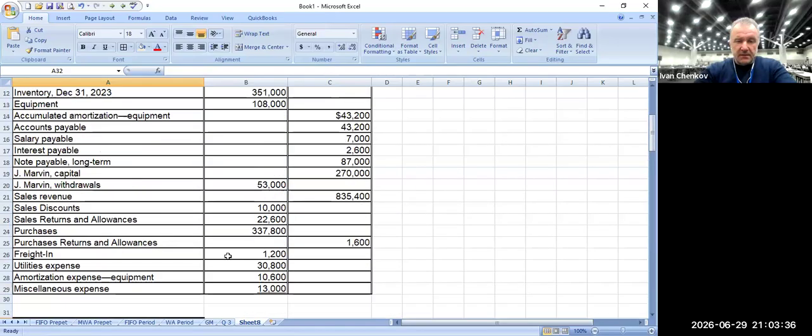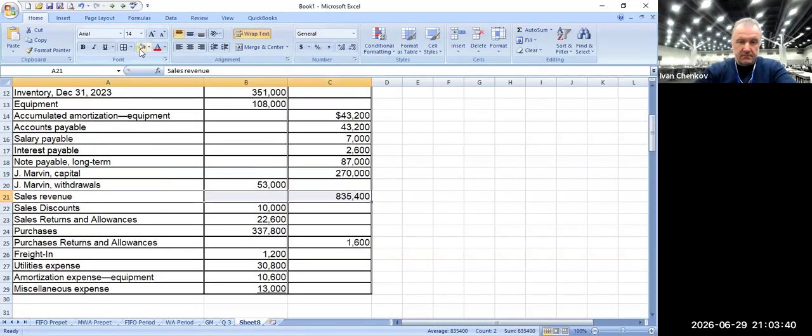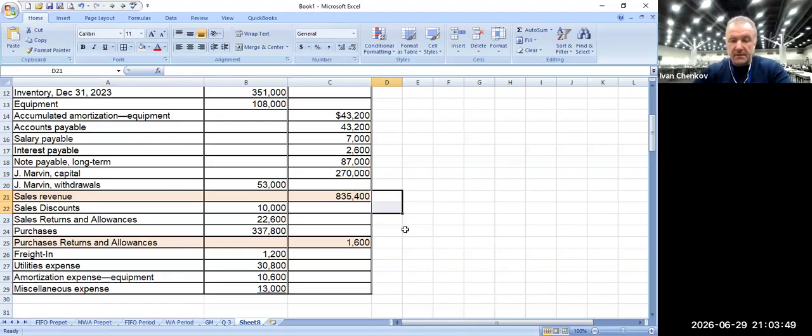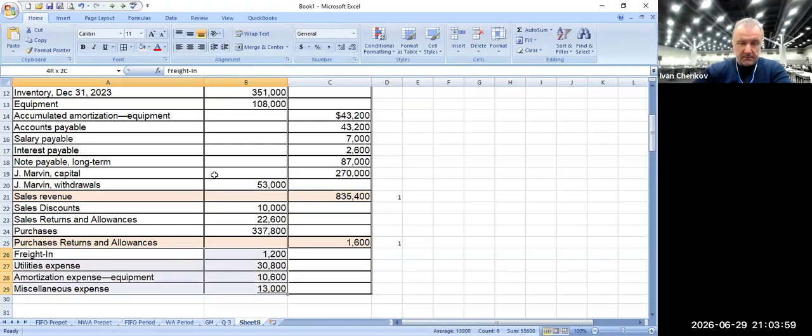So in the first entry, we're going to close the sales revenue, and we're going to close everything that has a credit balance, that will be purchase return and allowances. That will be the first entry that we're going to do, and we're going to close everything into the income summary. Second, we're going to close all the expenses.